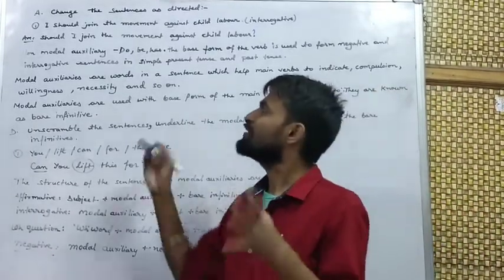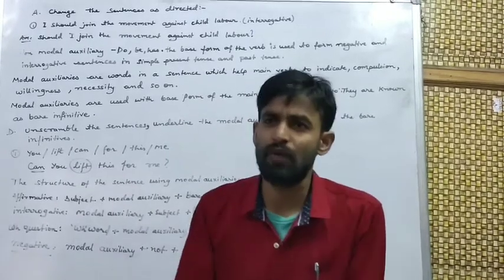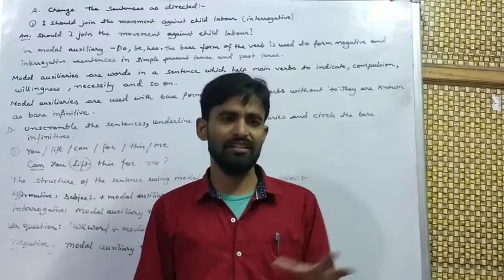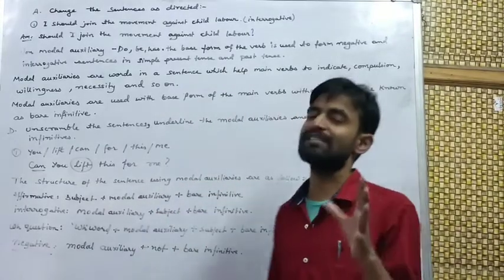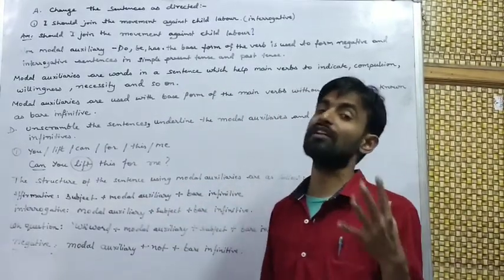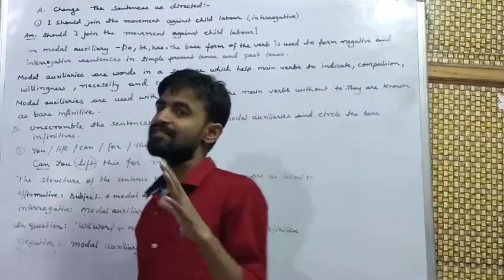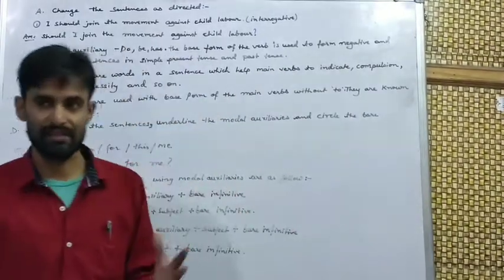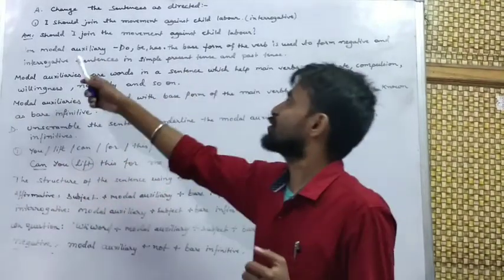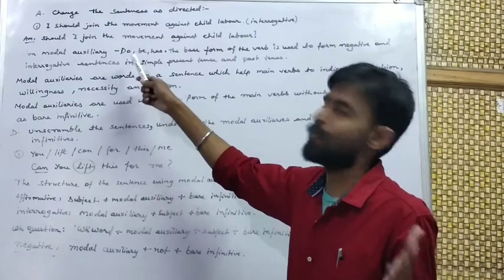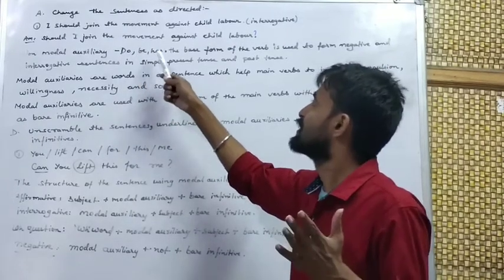Now we have already discussed what modals are and what primary auxiliaries are. Primary auxiliaries are also known as non-modal auxiliaries. Primary auxiliaries or non-modal auxiliaries are forms of do, forms of be, and forms of has.